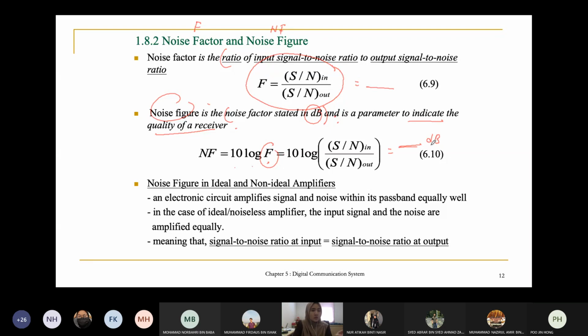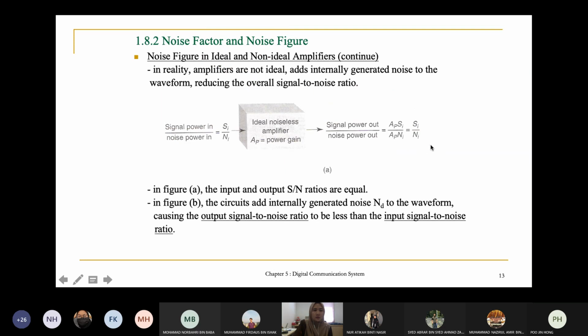Next, let's look into noise figure in ideal and non-ideal amplifier. So now let's look at noise figure in an ideal amplifier. First of all, what is the difference between ideal and non-ideal amplifier?